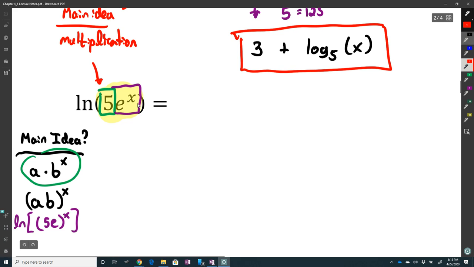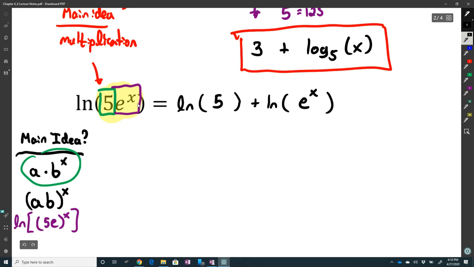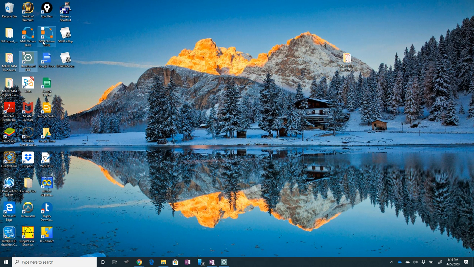And so we split this up. This becomes ln of 5 plus ln of e to the x. The 5 goes here. The e to the x goes here. All right? And it's up to you how you want to simplify it. This ln of e to the x, let me get my calculator up and running.